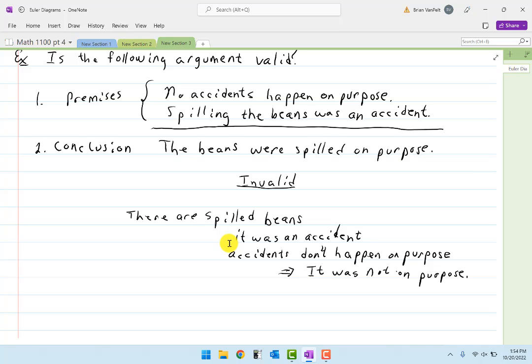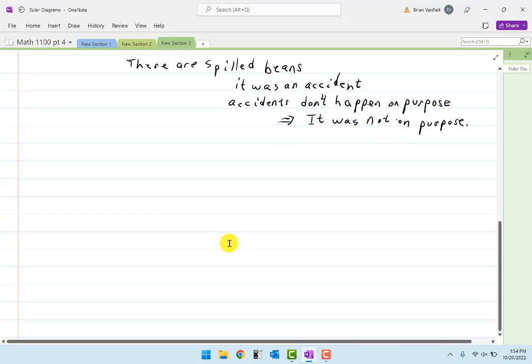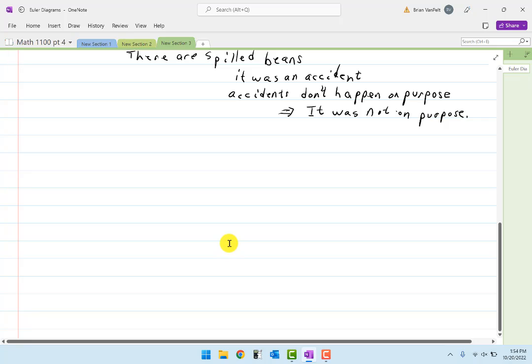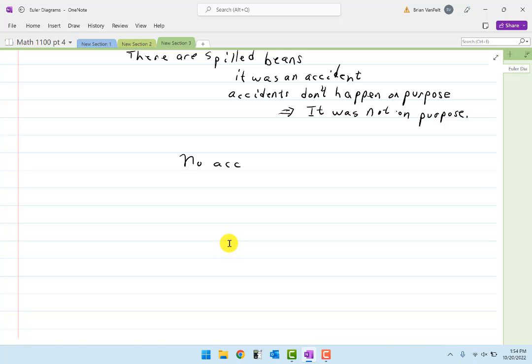That conclusion should really say the beans were spilled on accident, and then it would have been a valid argument. So this would have worked if we would have done: no accidents occur on purpose. Spilling the beans was an accident.